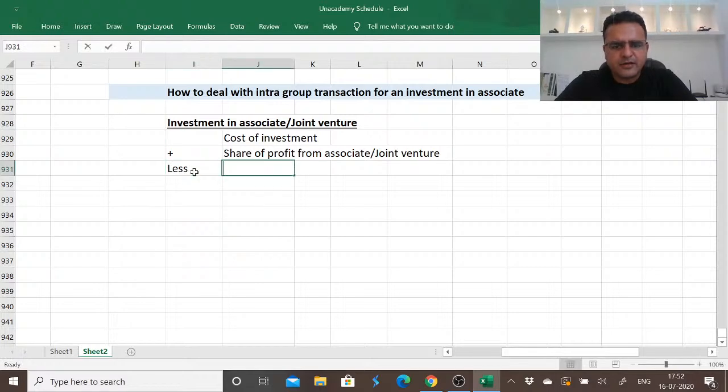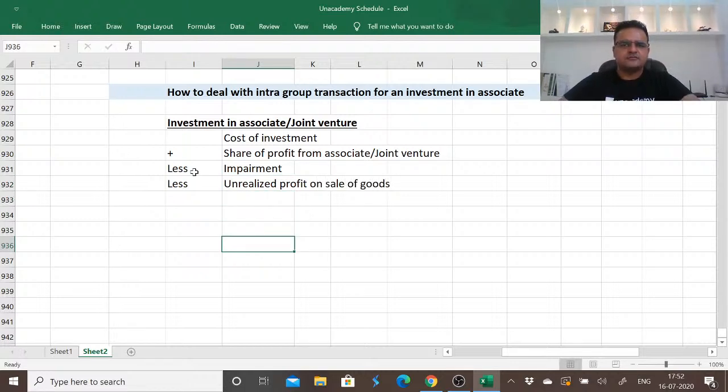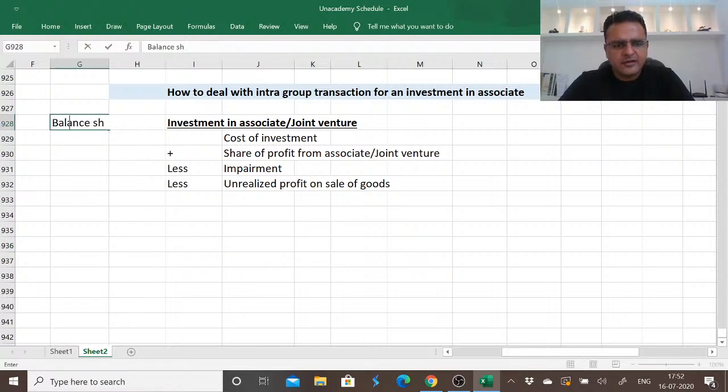Less impairment if any, less unrealized profit on sale of goods. This is the balance sheet situation. In the balance sheet we present it in a single line, one single amount.